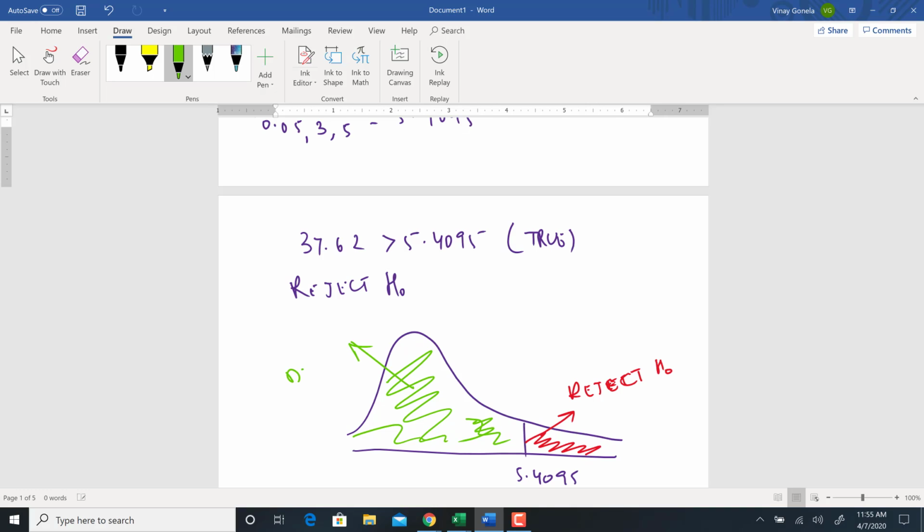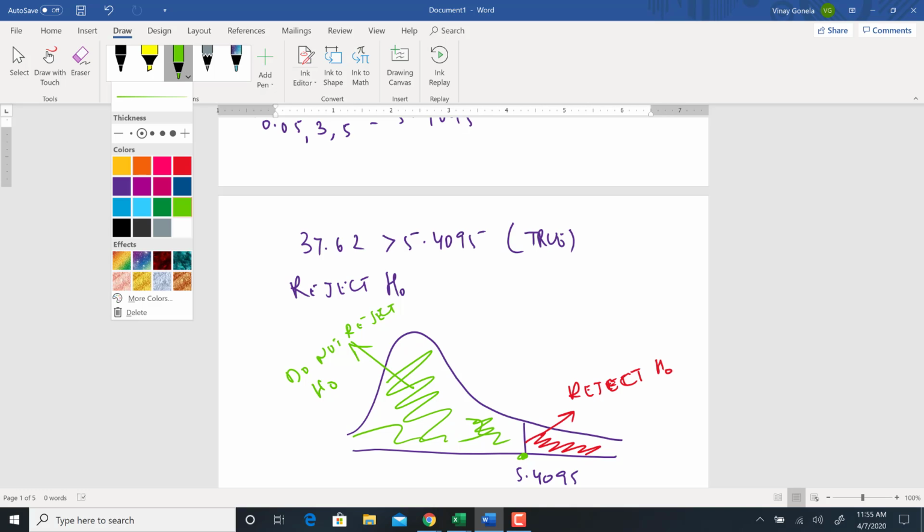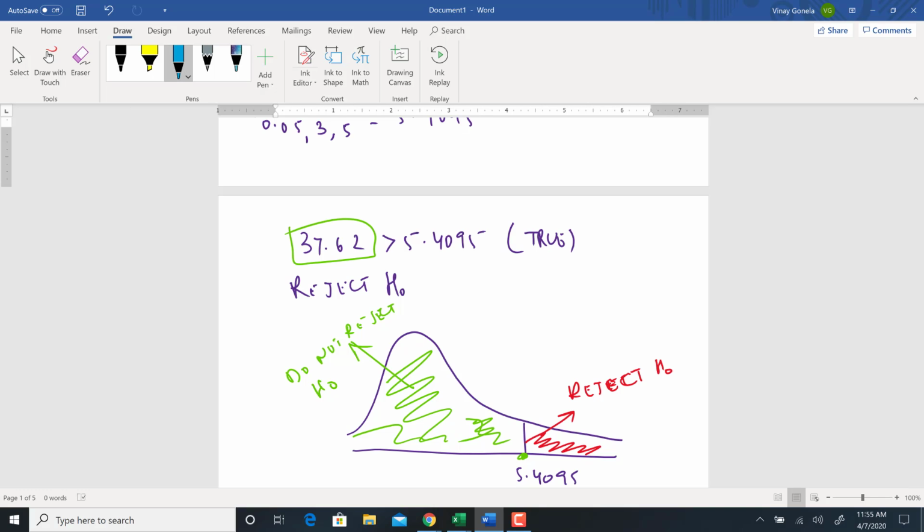This was the critical value. Now our test statistic value, which is 37.62, falls way to the right. So you are rejecting H null. That's how you are rejecting.